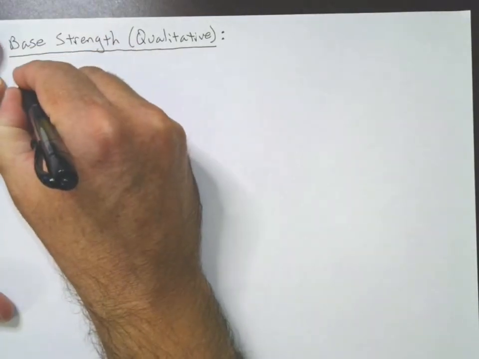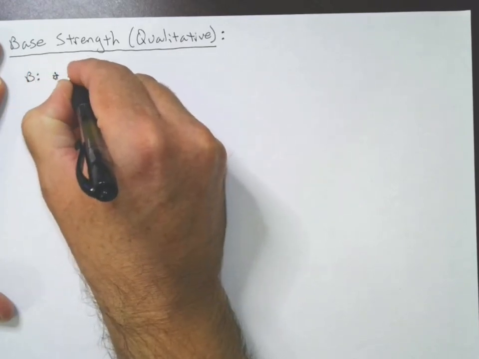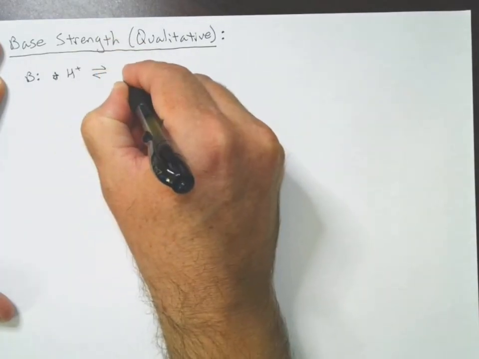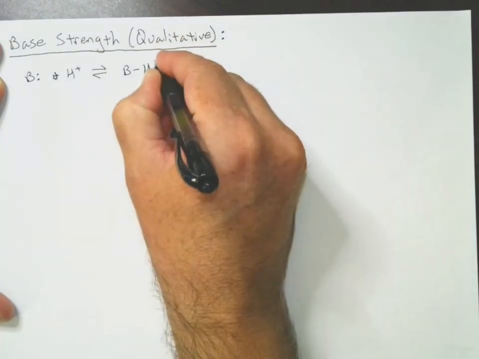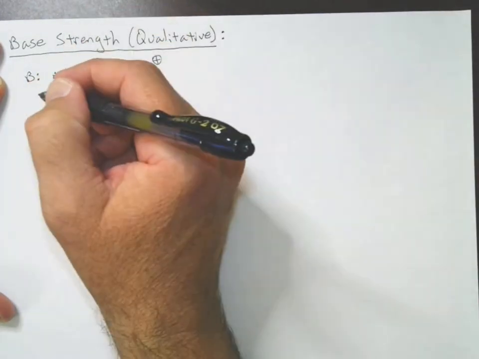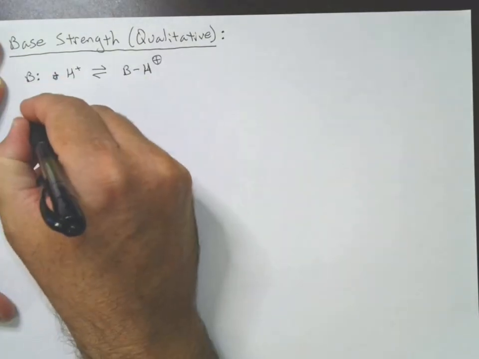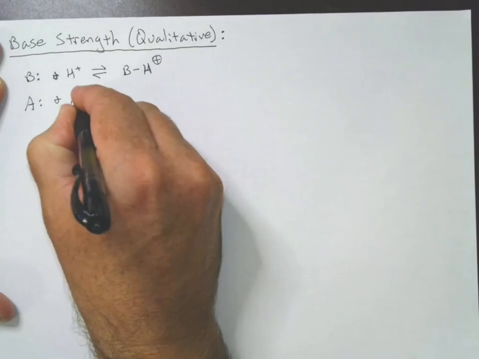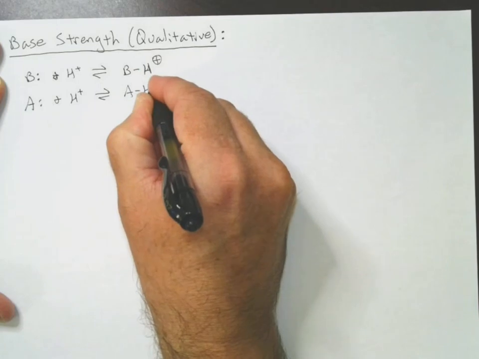So let's say we had some sort of base, B plus H plus, and that's going to give us BH plus. Or we've got something, let's just call it some other base, A plus H plus gives us AH plus.